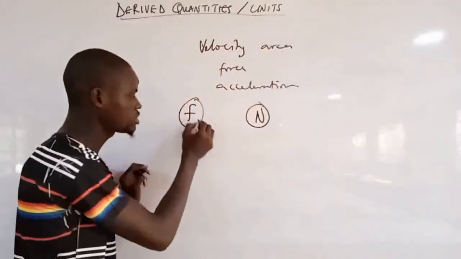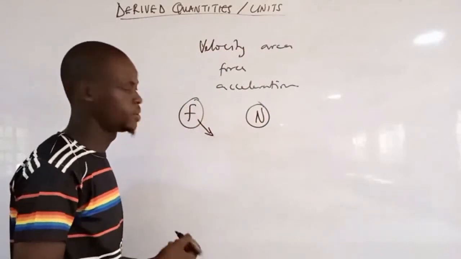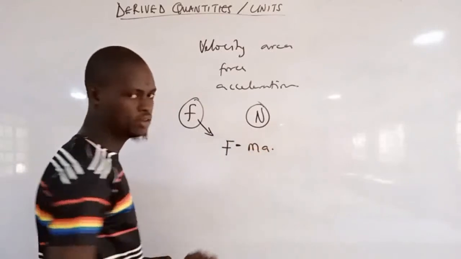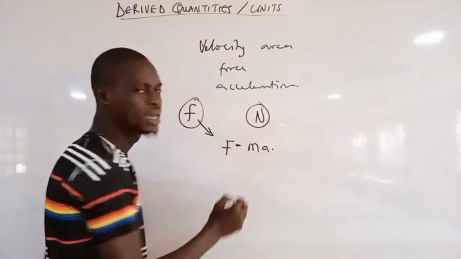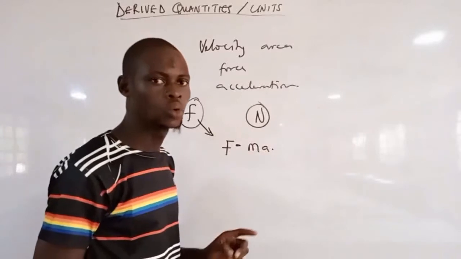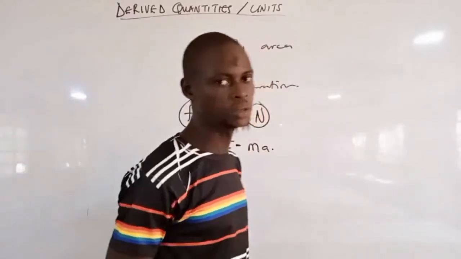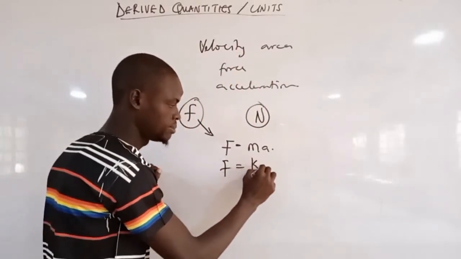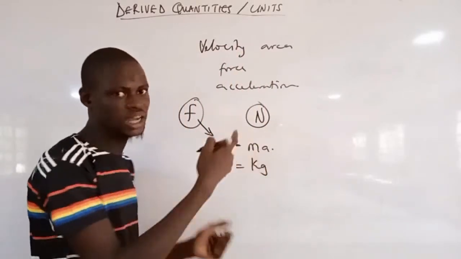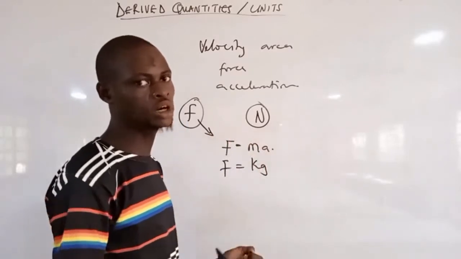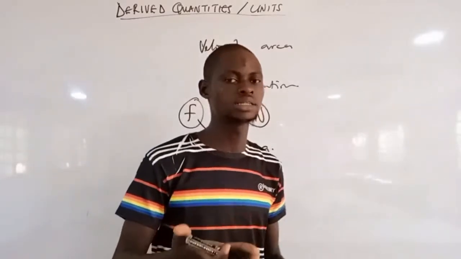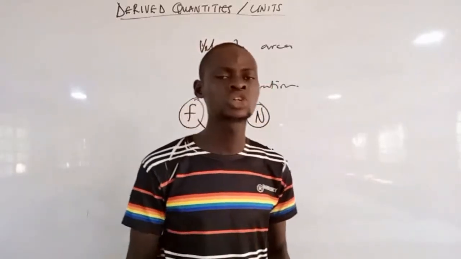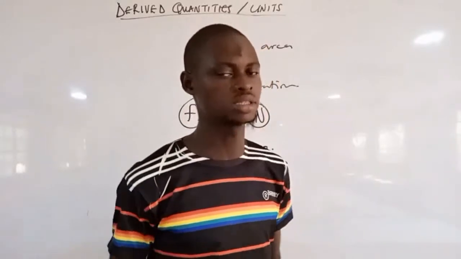The derived unit of force is gotten from its formula. For example, we know that force equals mass times acceleration. Mass is a fundamental quantity which can be measured in kilogram. Acceleration is a derived quantity, formed from the combination of velocity and time, because acceleration is the rate of change of velocity.